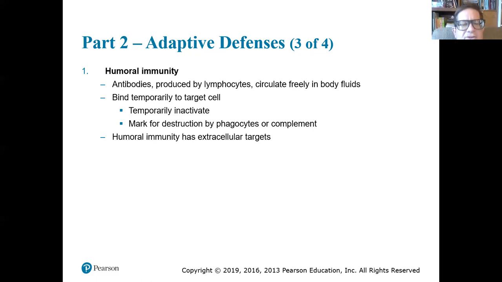They will bind to the target cell temporarily, the target being the invader, the pathogen, say a bacteria. They can temporarily inactivate some of them, and they can mark them for destruction by phagocytes or complements. Remember, you can bind to things and do opsonization to make it tasty.